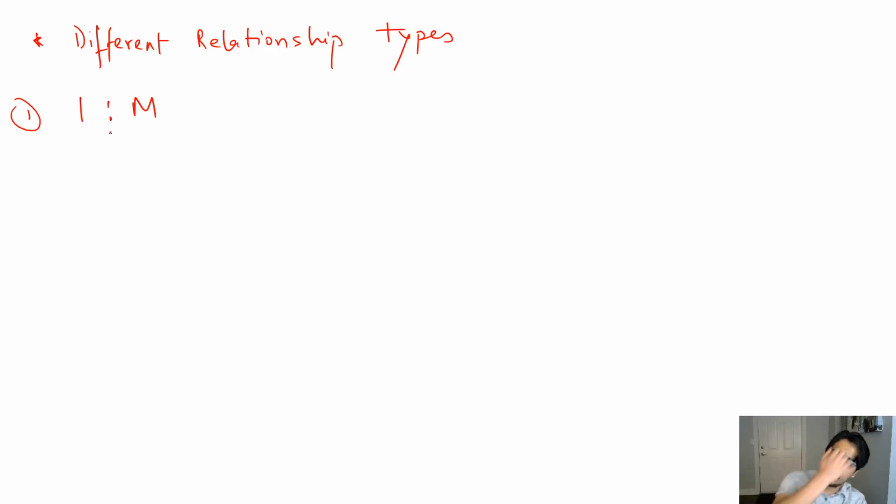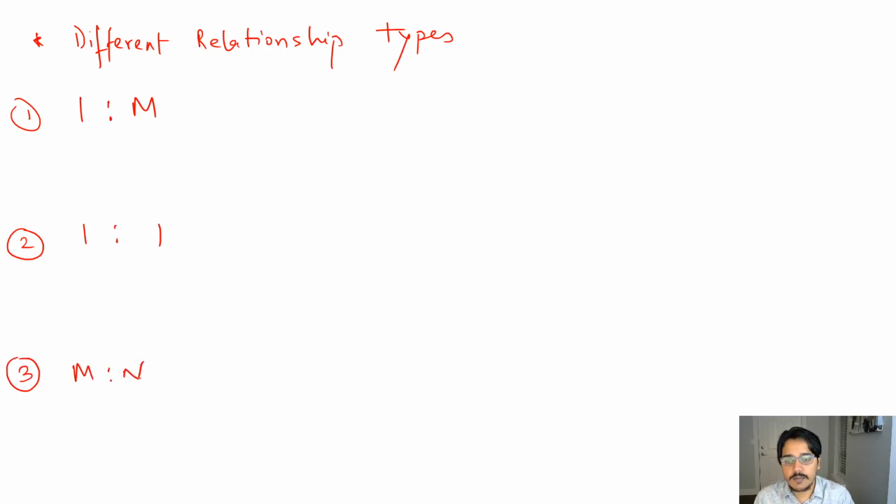So this is a way of representing 1:m. Given the type of data model that you adopt, the graphical representation of the relationships is going to vary. Okay, so we are not going to go into that right now. We will do that when we go into chapter 4, which is entity relationship modeling. The second one we spoke of is 1:1. And then the third one is basically m:n.